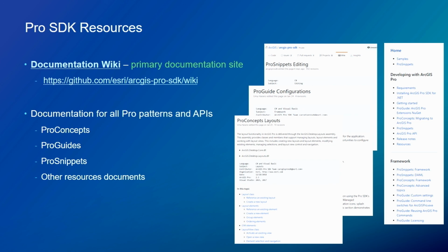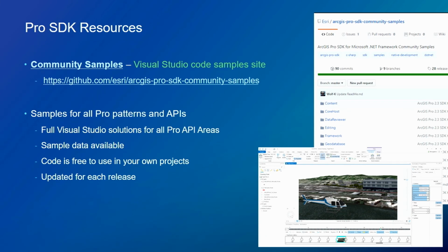There's Pro snippets, so as you get to using each one of these capabilities, you can probably find something that somebody has used before and that you need, and so you can really get access to each one of those from the snippets. We have many other resource documents that are available on the site, as well as all of the links to all of the other types of API reference and other resources that you would need.